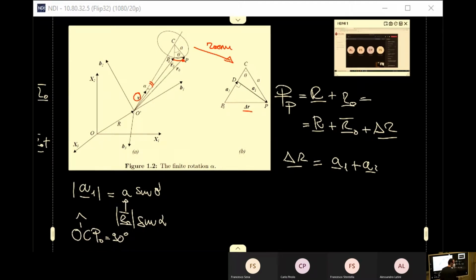But there's a difference between what we said. P initially was R over bar. In the second case, P is R without an overbar.